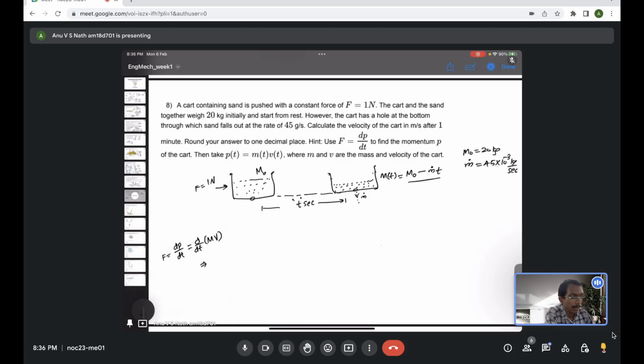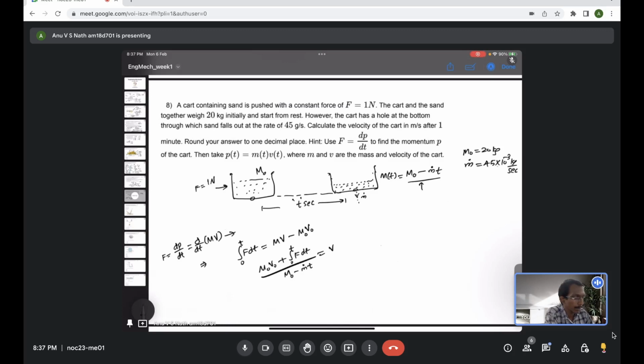From this we can integrate this expression directly as the integral of F dt from 0 to t. We will evaluate m of t times v of t minus m0 times v0. Now we rearrange it, and we get m0 v0 plus the integral of F dt from 0 to t, the whole divided by m of t, which we know is m0 minus m dot times t.